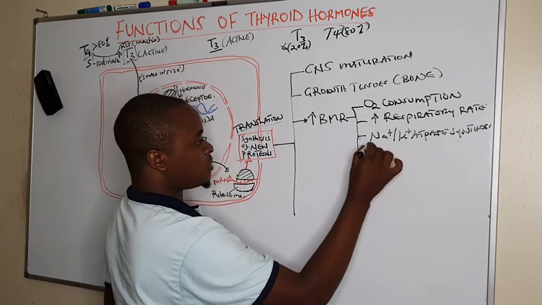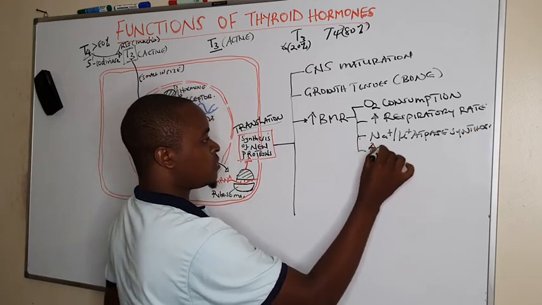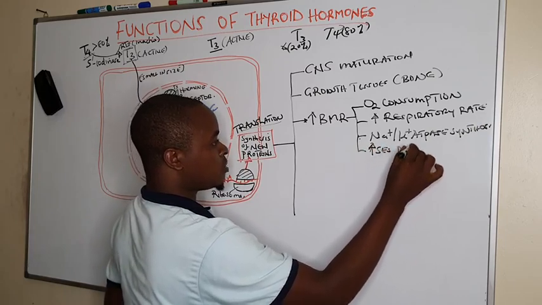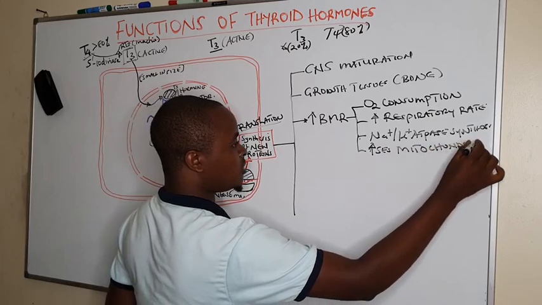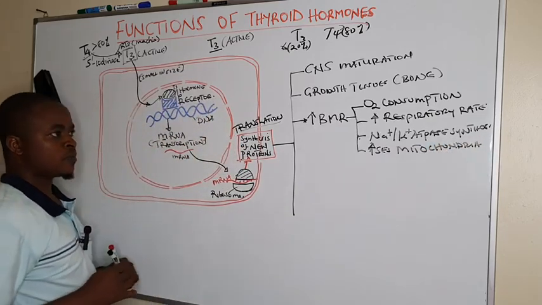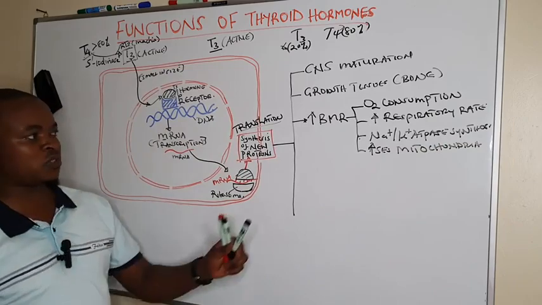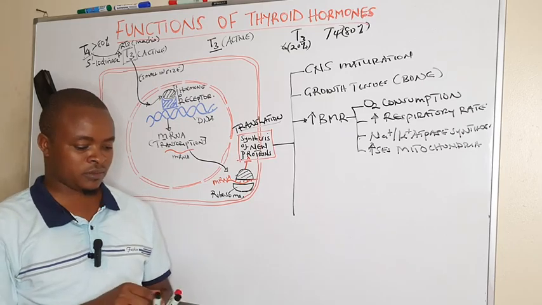It also increases formation of mitochondria in cells, which can provide energy in form of ATP, and hence increasing basal metabolic rate.